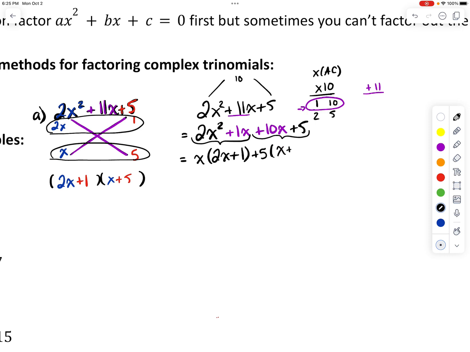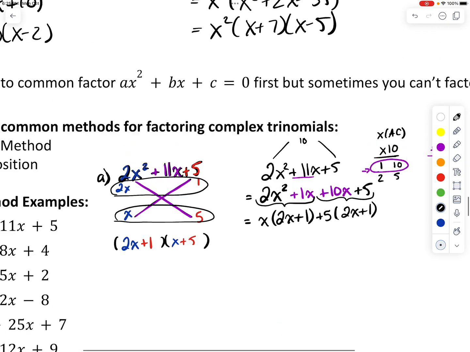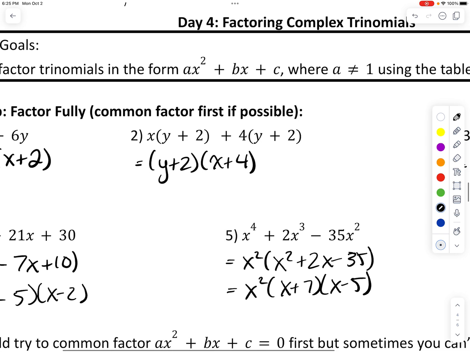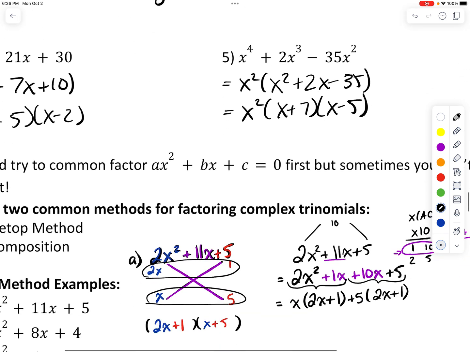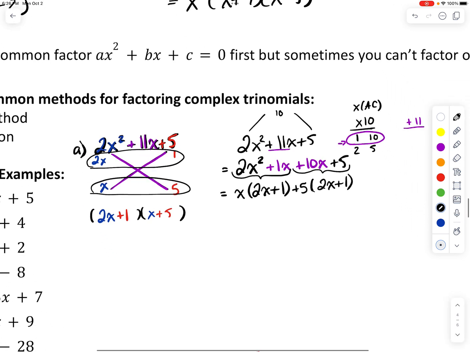And here I'm left with 2x plus 1. This bottom row here is just like example 2, where we had the common factor of the bracket. We've seen this a few times now. I've got a common factor in these two terms.